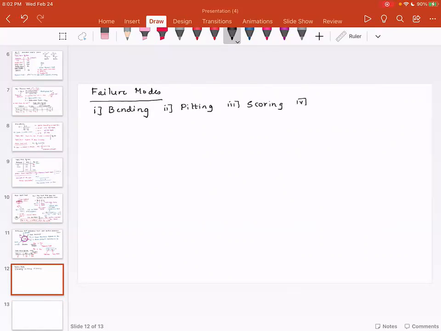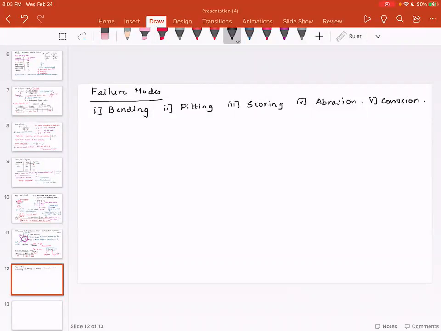Gear can fail in abrasion, and gear can fail in corrosion. And each of these is related again to the amount of load, speed, type of lubrication, type of design consideration, operating point, the material, and so on. So these are the primary failure modes.